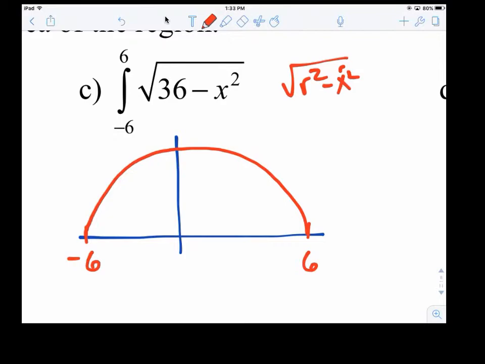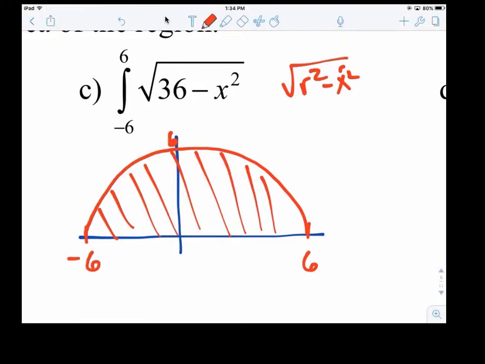R squared minus x squared. What is this number here? 6, right? So we are figuring out that area, and that is a semicircle.